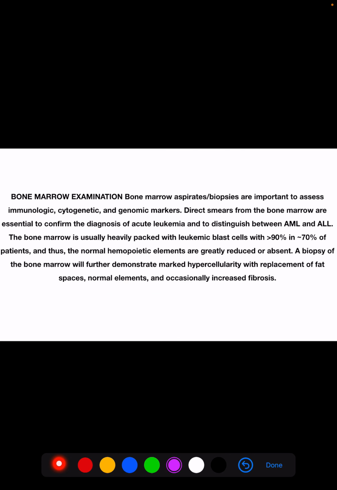Bone marrow examination. In bone marrow, we can do an aspirate or we can do a biopsy. These aspirate and biopsy are important to assess the immunological, cytogenetic and genomic markers.